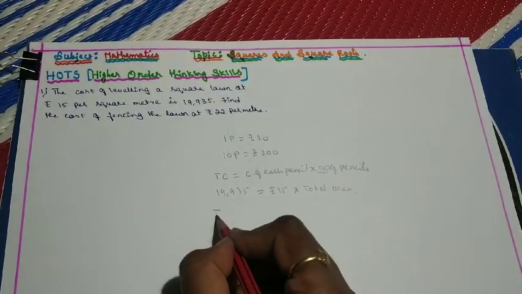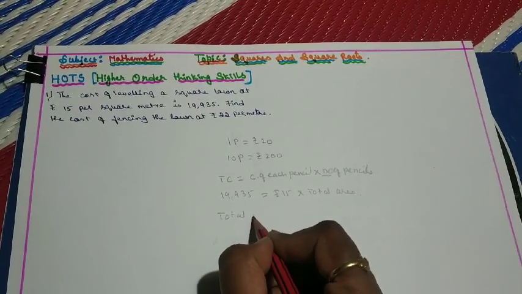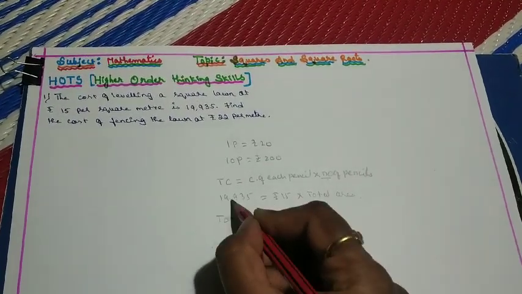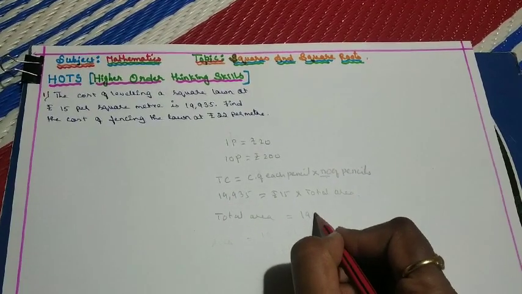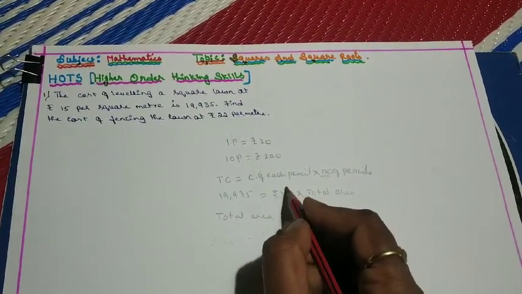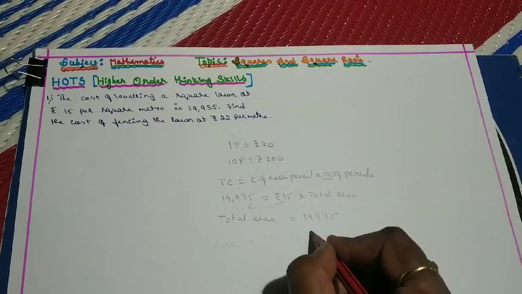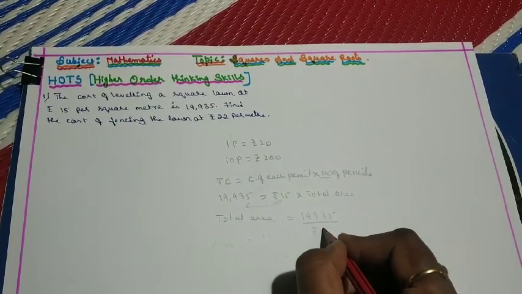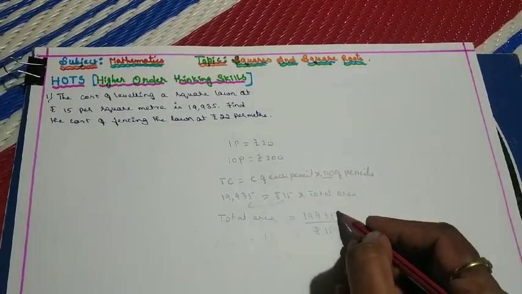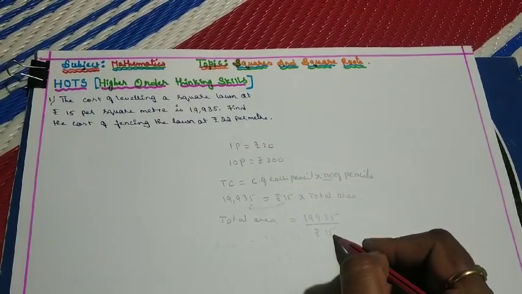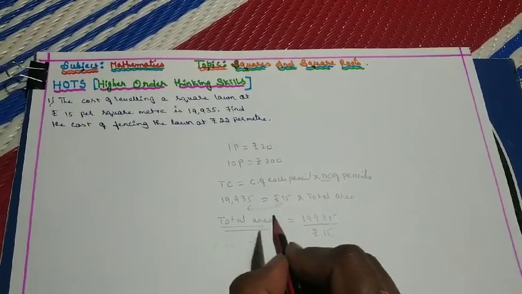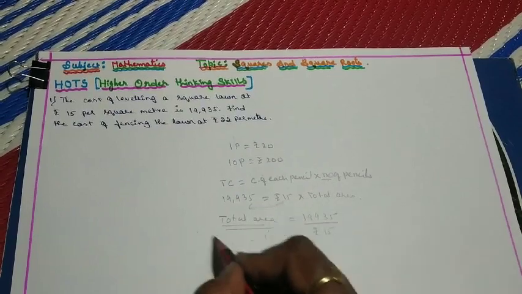To find the total area, the multiplication changes to division. If we divide the total cost by the per-unit cost, we get the total area. Hope this is clear for you.